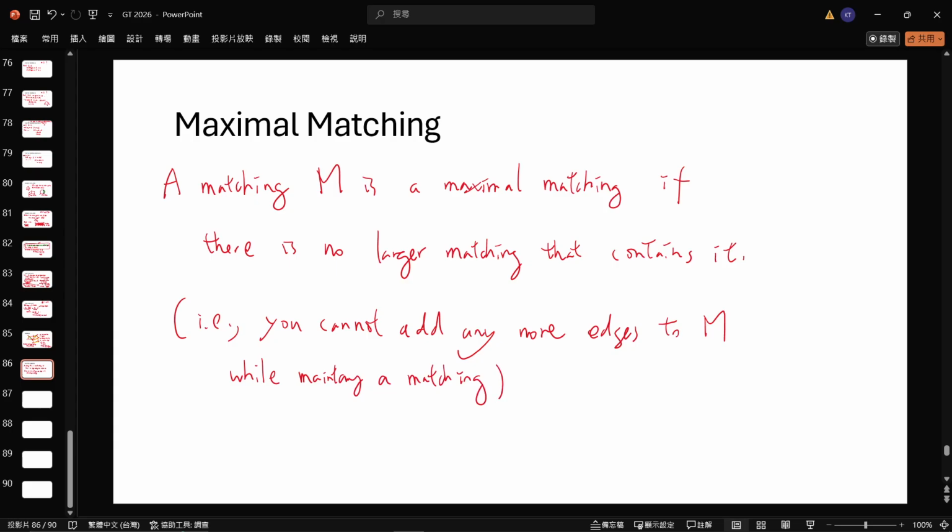But still the constraint is that after you add the edges, it is a matching, okay? So if you cannot do this, then it's a maximal matching because by definition, this means you cannot find a larger set which contains all the already existing matching in M plus some other edges, okay?